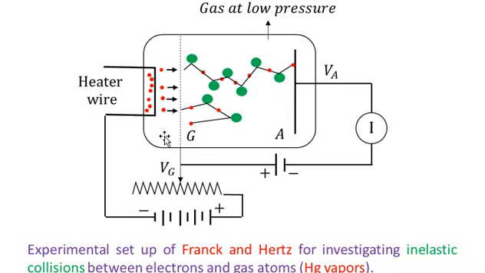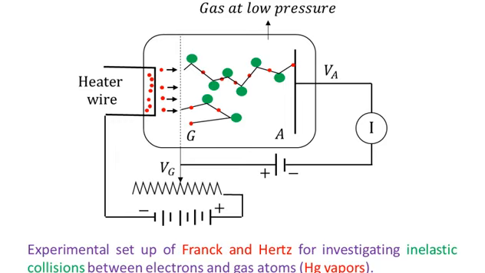For example, the maximum kinetic energy that an electron will acquire will be E times Vg. Some other electrons will have energies smaller than E times Vg. So there will be a range of kinetic energies of the electrons.